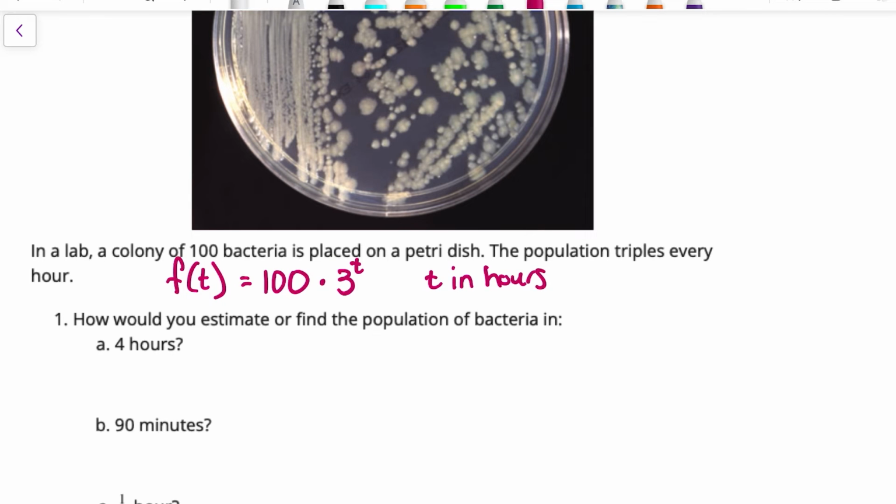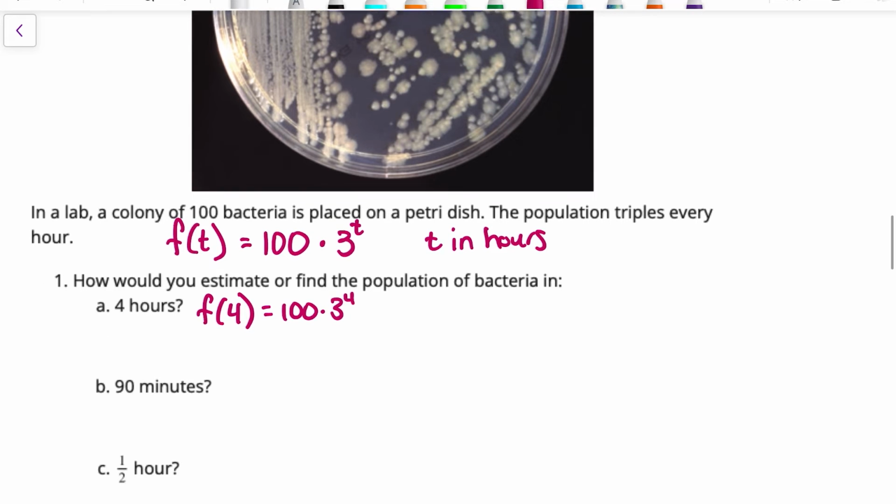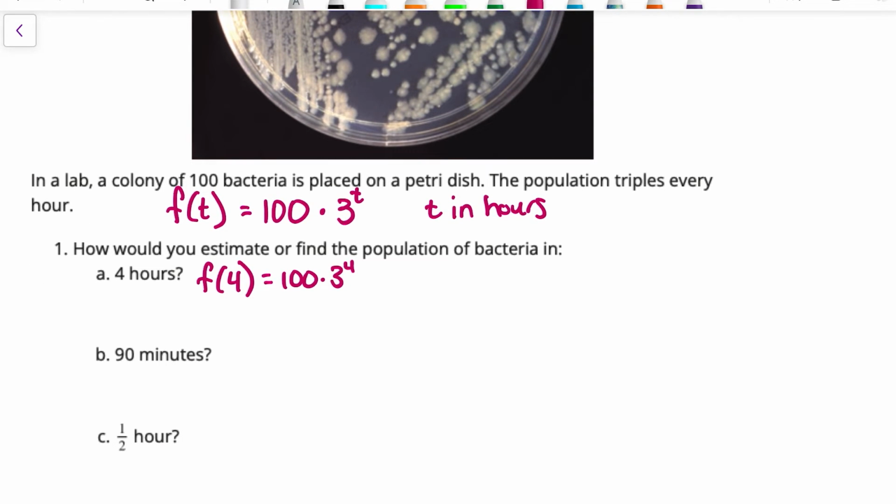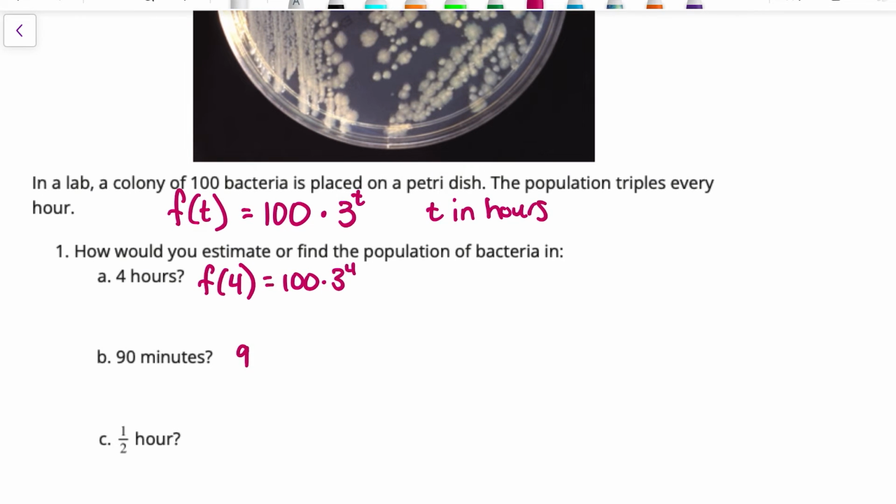All right, so for number 1, that's pretty easy. We're just plugging in 4, so f of 4 hours is equal to 100 times 3 to the 4th. And so that's how we would estimate or find that population. 90 minutes, we would first want to convert that to hours. So 90 minutes is equal to 1.5 hours.